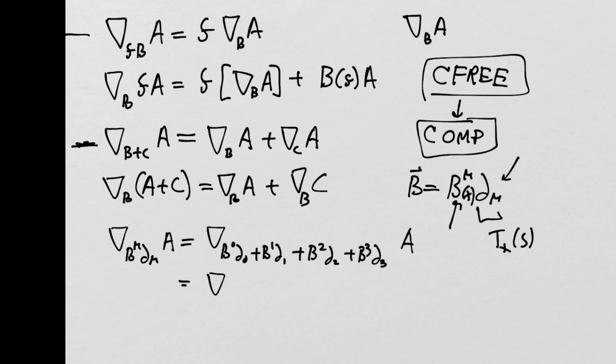So F becomes B0, and B becomes the partial of 0. And I'll just do a combination.